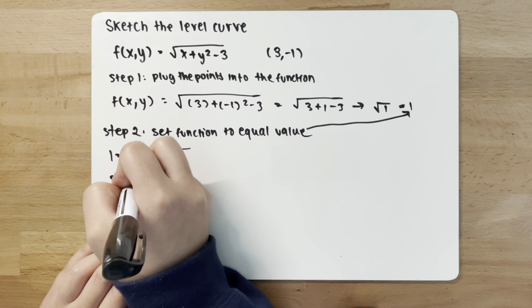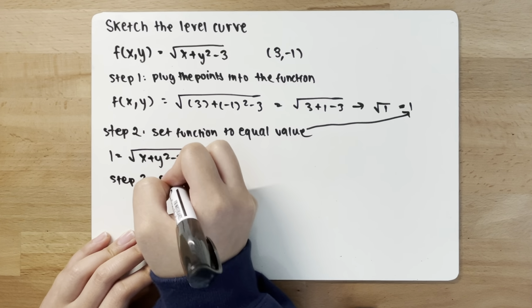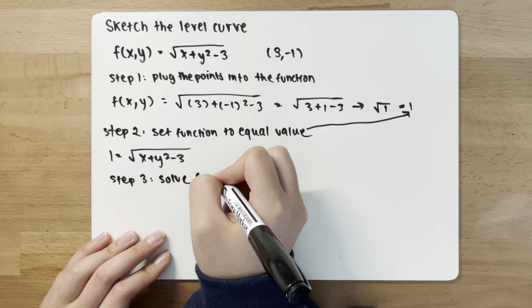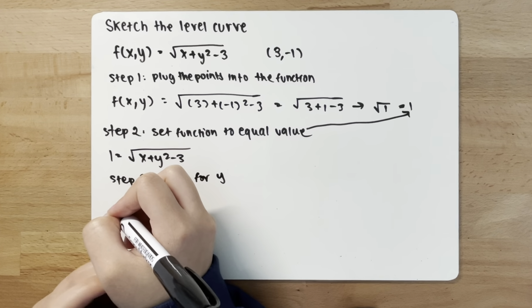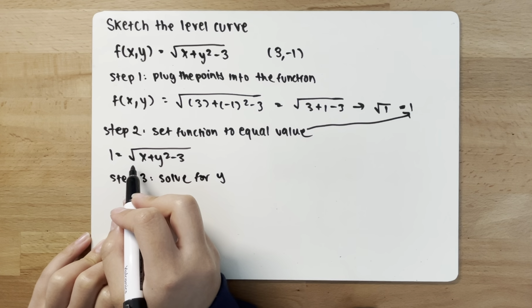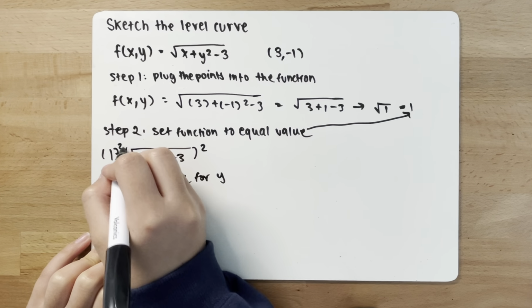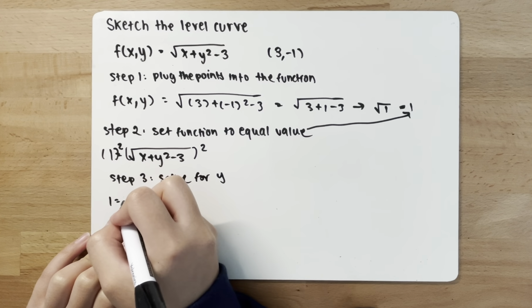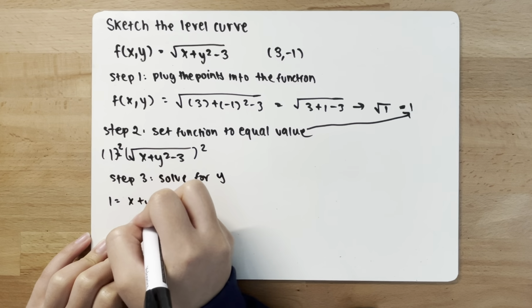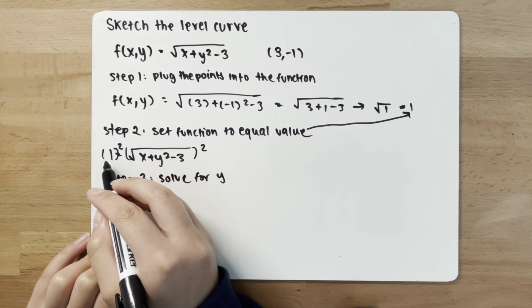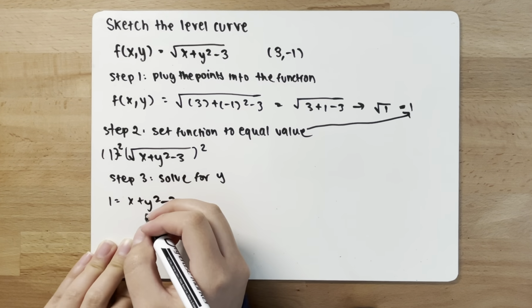Step 3, solve for y. So to do that, you need to square both sides in order to get rid of the square root. You have 1 equal x plus y squared minus 3, because 1 squared is 1.